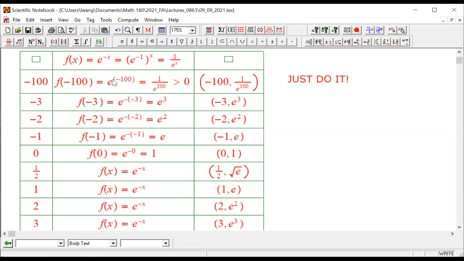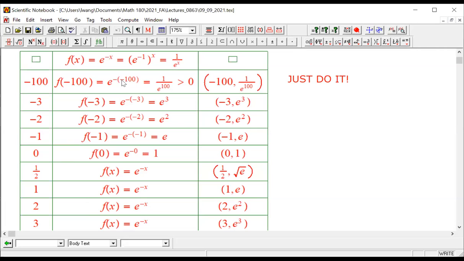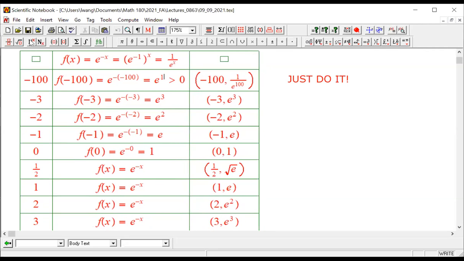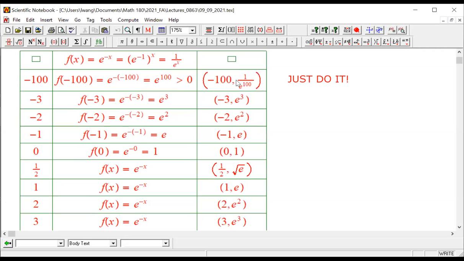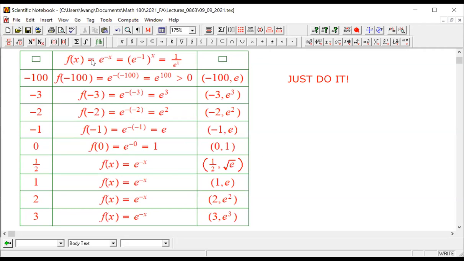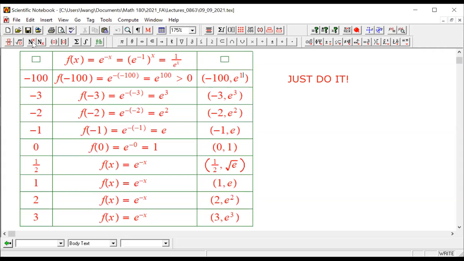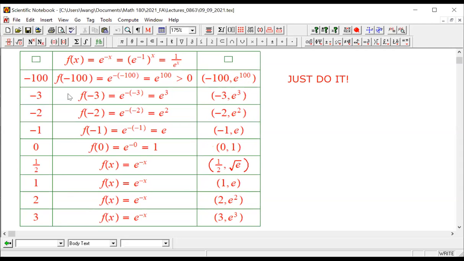I appreciate he's here. So when it's e to the power of negative of negative 100, this is going to turn into e to the power 100. And this is going to make a huge difference. All right, so we're not done yet. Could you guys finish the rest of it?